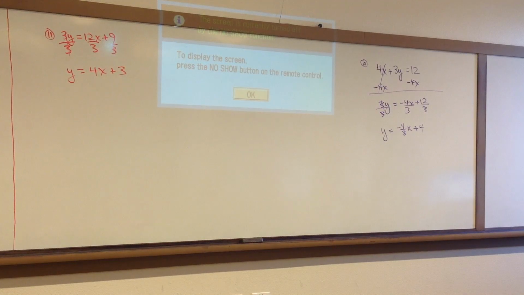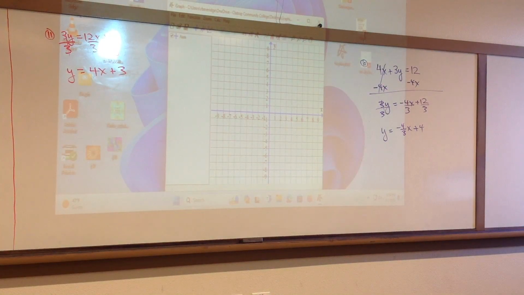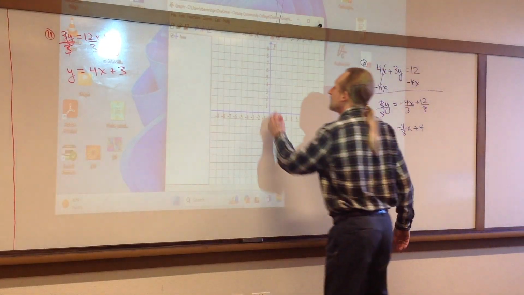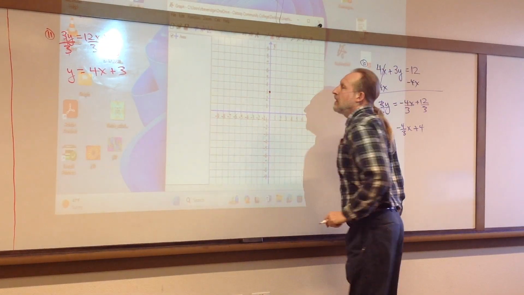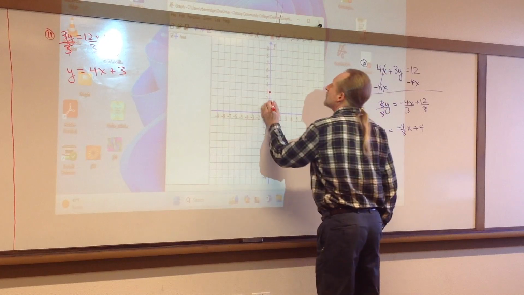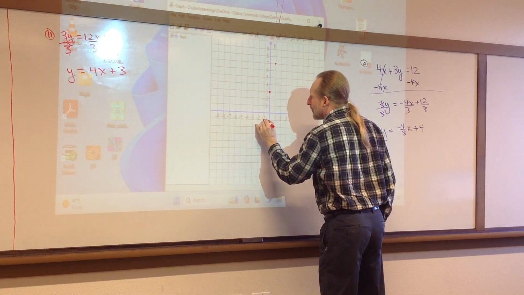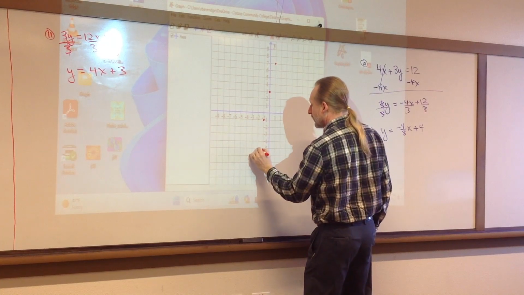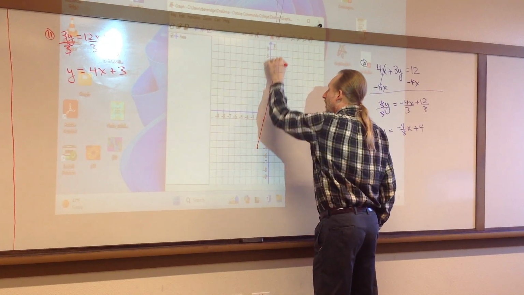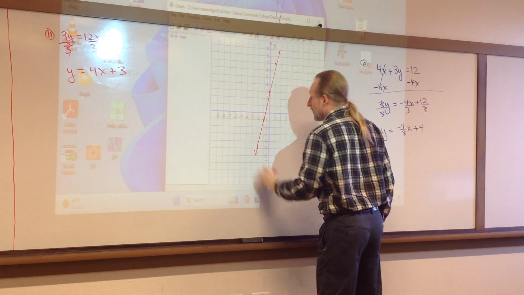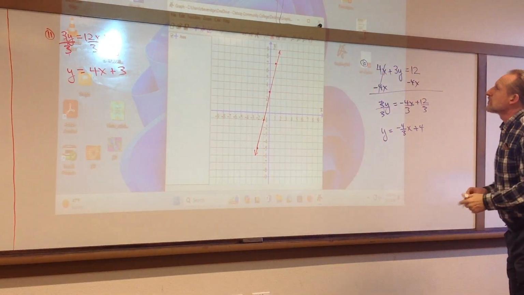We put the grid back up here. Let's see, this y-intercept is the point (0, 3). And then this slope is a positive 4. So we can go up 4 and over 1, down 4 and back 1, down 4 and back 1, and then we'll get a graph that looks something like that.